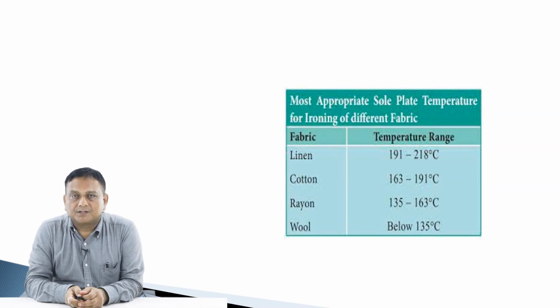Cotton is 163 to 191 degrees centigrade, wool is below 135 degrees centigrade, linen is 191 to 218 degrees centigrade, viscose rayon is 135 to 160 degrees centigrade. So these are the different temperature ranges for ironing. One must set the ironing temperature correctly.